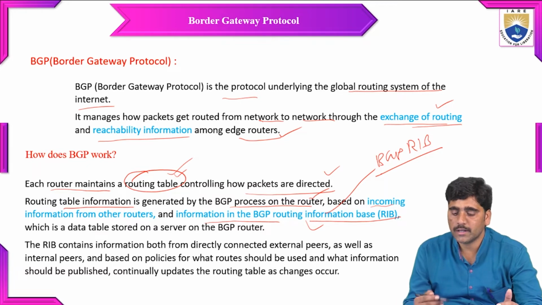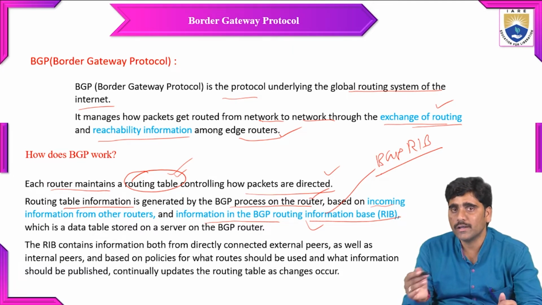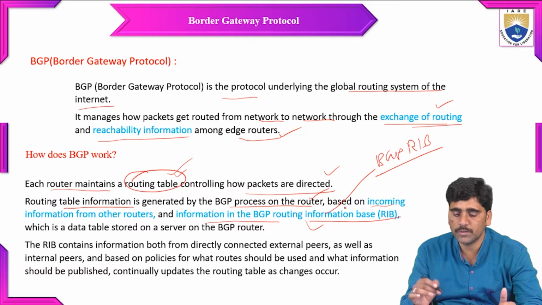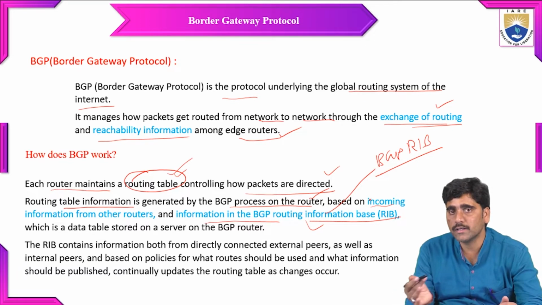So it contains two kinds of information: one is the incoming information from other routers, and the other is the routing information base. Those two pieces of information make up the routing table.